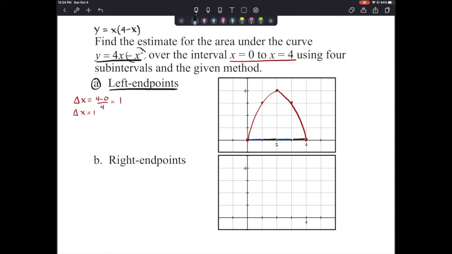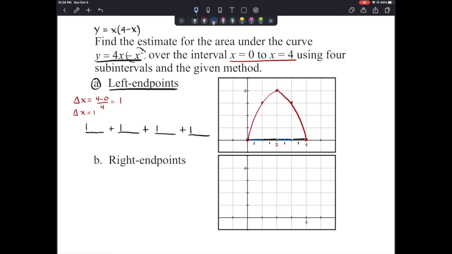Each of those rectangles has a base of 1. So we've got 4 rectangles, and to find the area we're going to be adding all of those together. Each one has a base of 1, and we'll write it in here. We're not going to factor it out right yet.